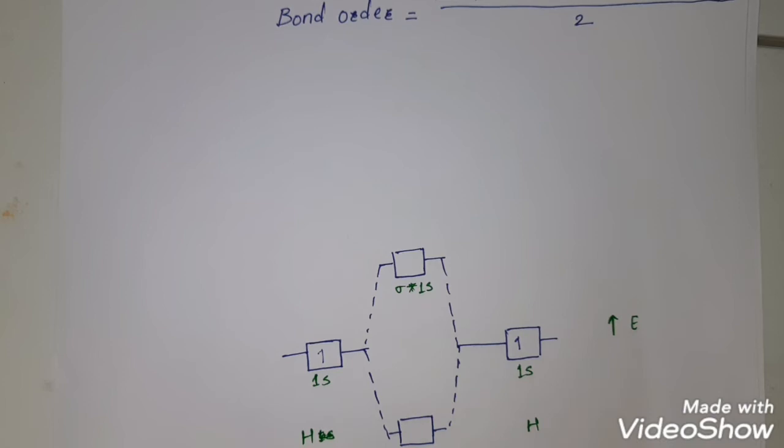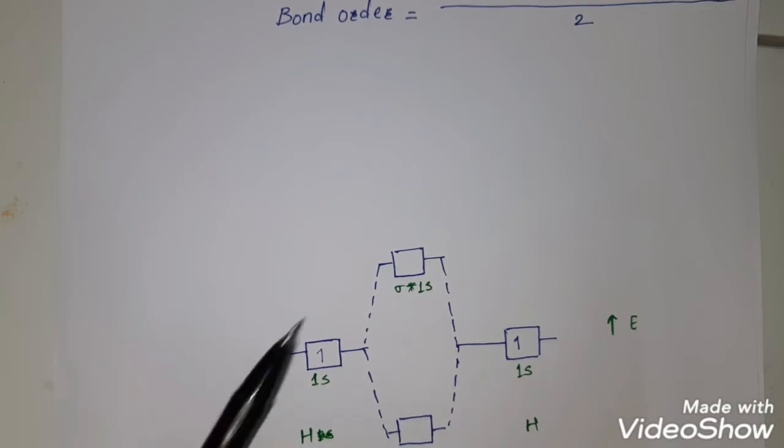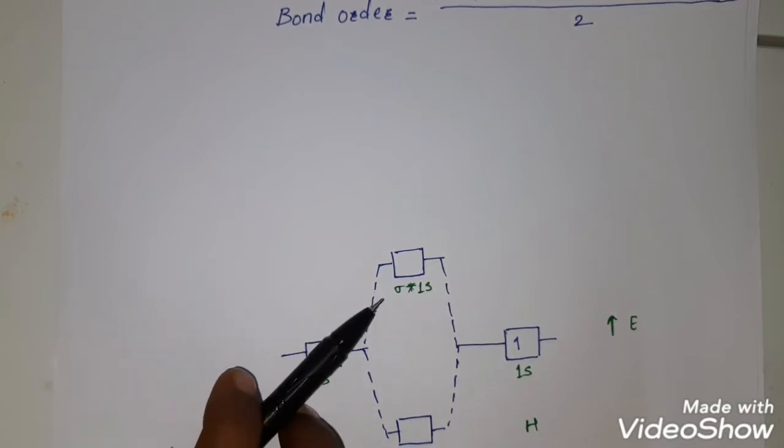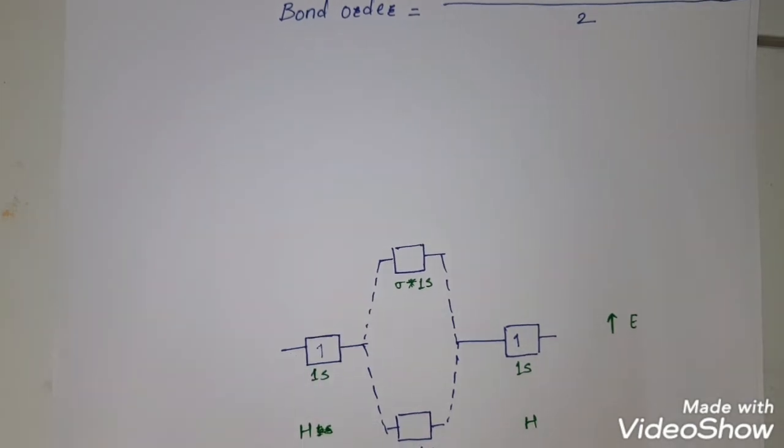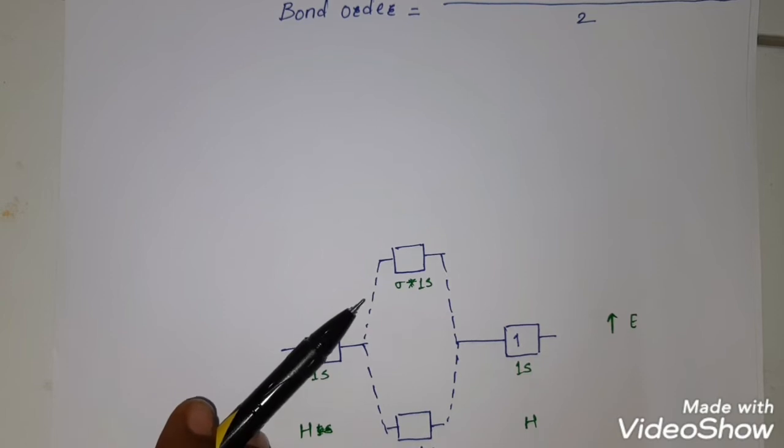The two atomic orbitals of hydrogen combine to form two molecular orbitals, sigma 1s and sigma star. Sigma 1s is called the bonding molecular orbital and sigma star is called the antibonding molecular orbital.